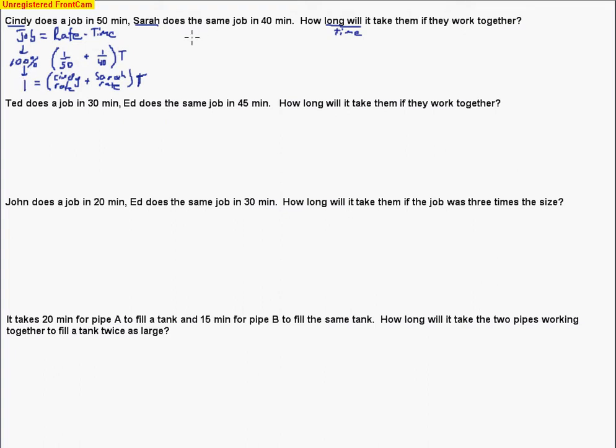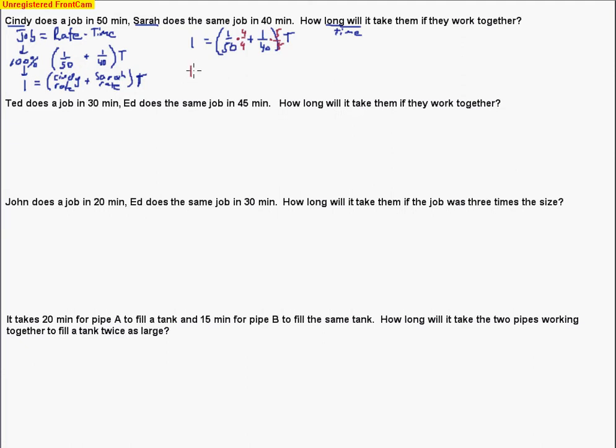So let's set up our equation that way. 1 equals 1/50th plus 1/40th. And then we're going to add those two together and multiply by time. And that's what we're trying to solve for, actually. So what I need to do is come up with a common denominator. They both have a factor of 10, so I don't need to multiply by that. But the 50 needs a 4, and the 40 needs a 5. So I'm going to multiply across.